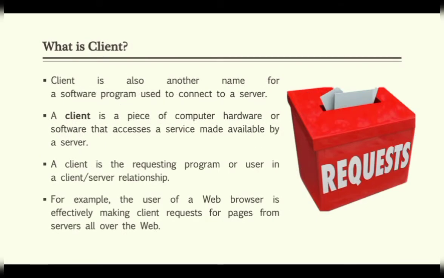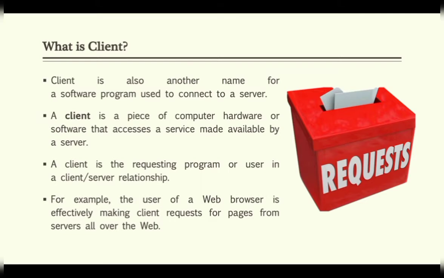A client is a program that sends requests to the server, and it is a piece of hardware or software accessing the server. One more way to say it: a client is a requesting program or a user in the client server relationship.